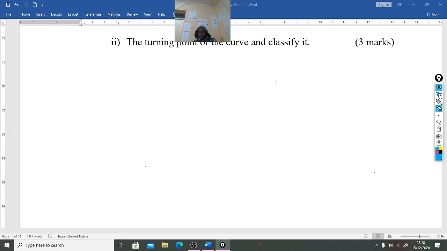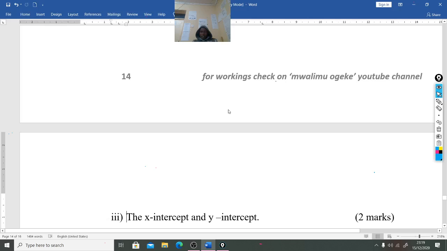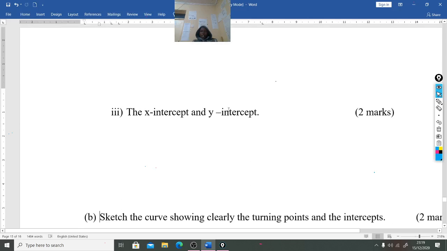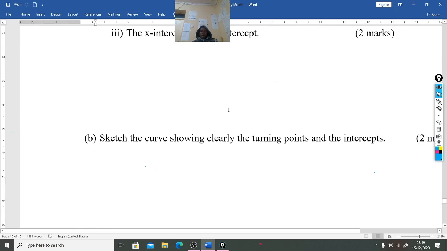Now the next question we need to answer is to find the x and y intercepts. We know that at the x-intercept, y equals 0.